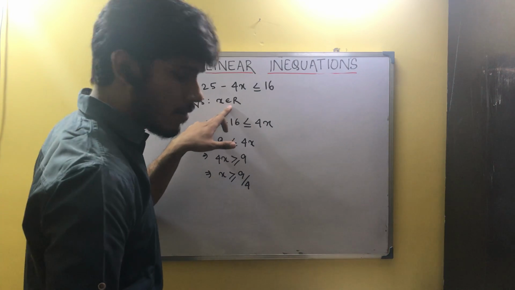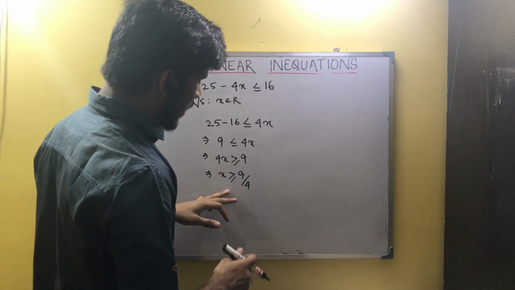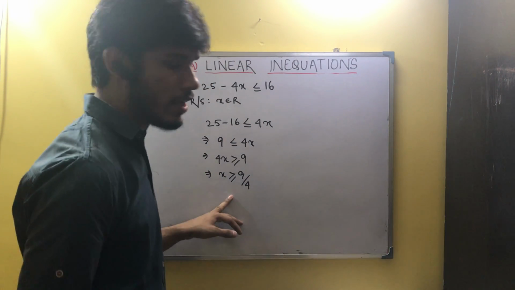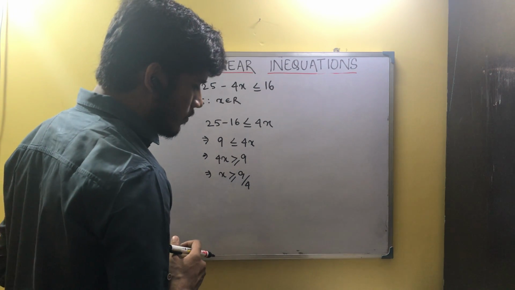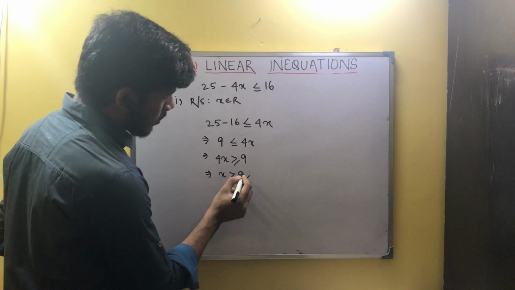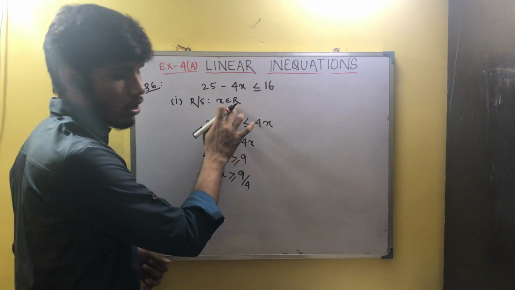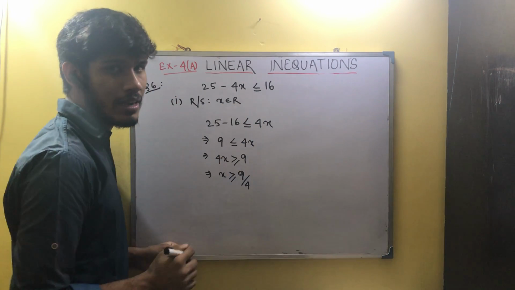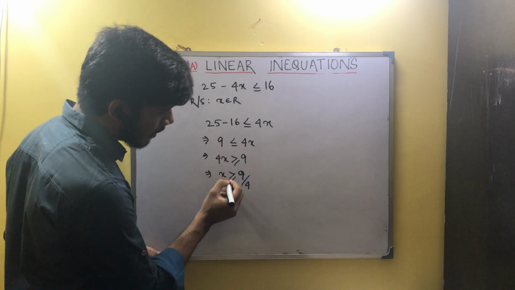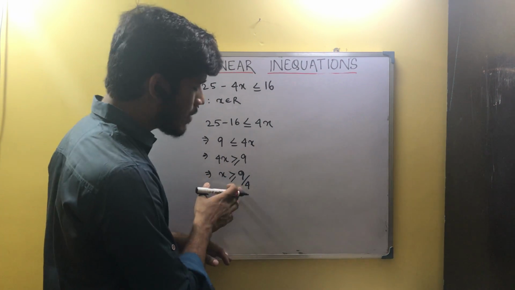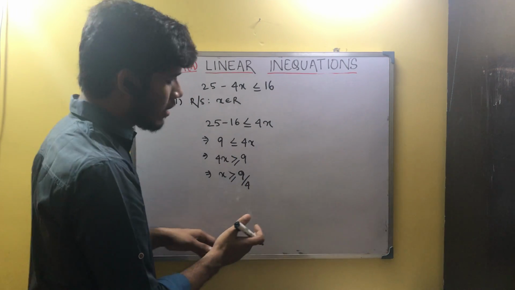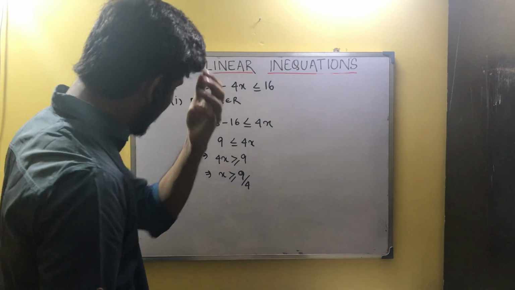Now, x belongs to R, isn't it? And we have been asked about the smallest value of x. The smallest value of x for x belongs to R: 9 by 4 is a real number, isn't it? And we have the sign of greater than or equal to, which means x can be 9 by 4 or greater than that.